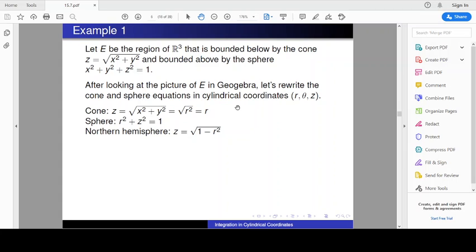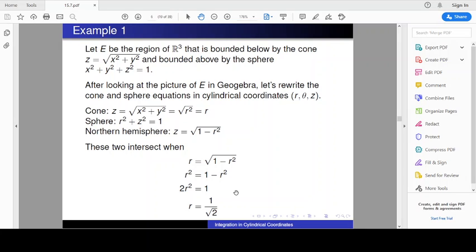So we have r equals the square root of 1 minus r squared. Square both sides: r squared is 1 minus r squared. Add r squared to both sides, then divide by 2. We get r squared equals 1/2, and then r equals 1 over the square root of 2. So that circle of intersection between the cone and the northern hemisphere is a circle of radius 1 over the square root of 2.